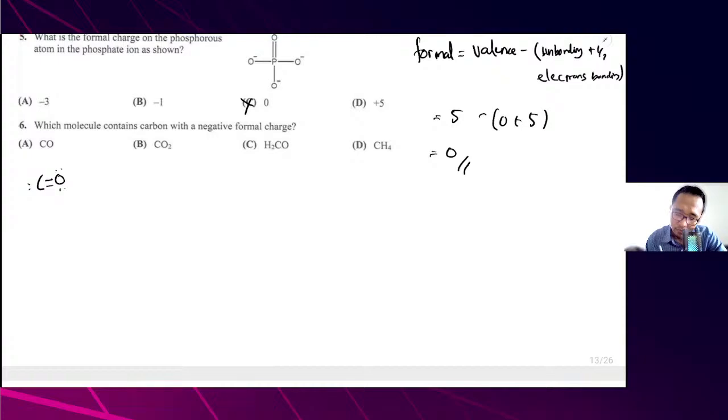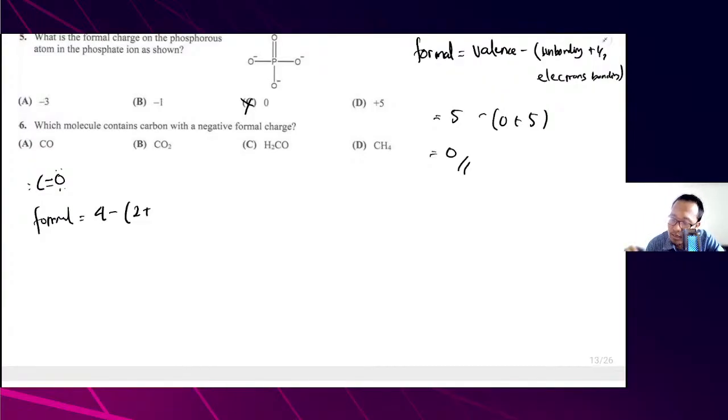Let's take a look at the formal charge. The valence itself is 4. Nonbonding electrons is 2, right?